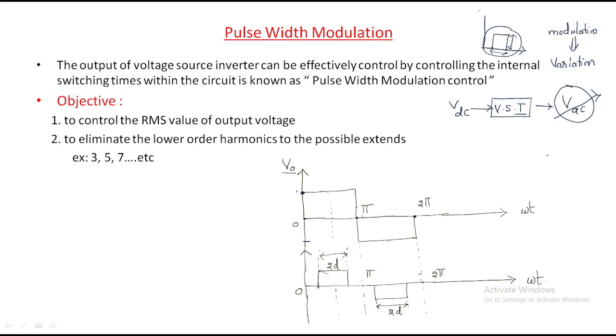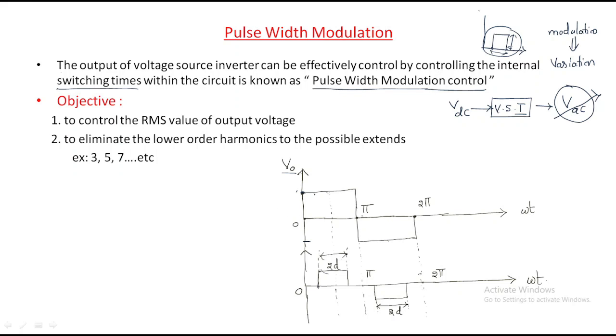That means the switches can be controlled. To control this width, again we have to use the switches only. In the voltage source inverter, to convert DC to AC, we are using switches. That's why controlling by the switching time within the circuit is known as pulse width modulation control.